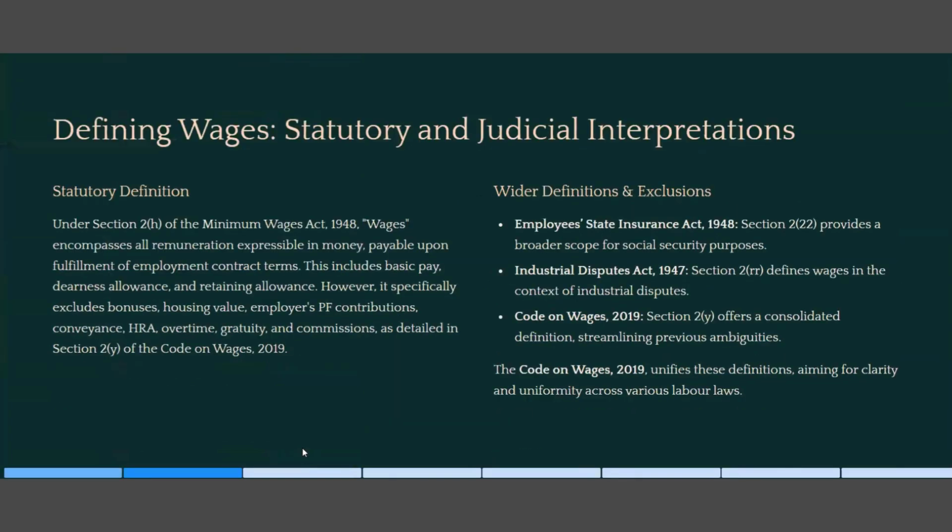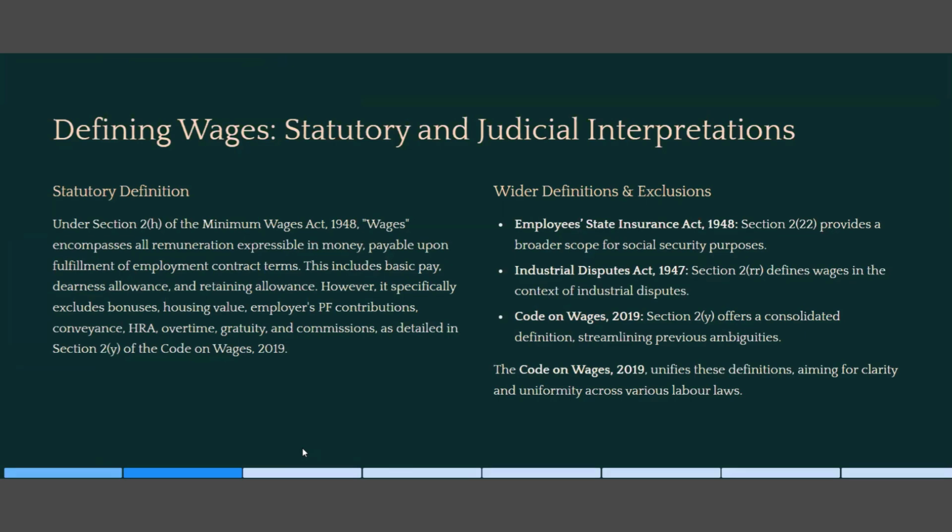Now coming to the definition of wages, statutory and judicial interpretation. The statutory definition is provided under Section 2(h) of the Minimum Wages Act 1948. Wages encompasses all remuneration expressible in money payable upon fulfillment of employment contract terms. This includes basic pay, dearness allowance, retaining allowance.